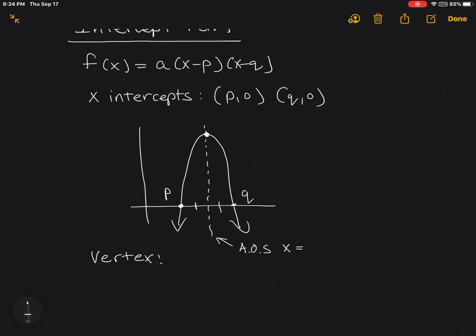So p has the same distance to this axis of symmetry, and q has the same distance to the axis of symmetry, right? If these distances are congruent, the vertex formula is just p plus q, divided by 2 because it's the midpoint. And to get the y value, again, use function notation, plug this back into the original equation, okay? So your AOS is just p plus q over 2 if it's in intercept form.